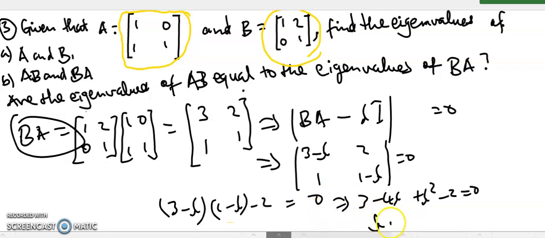If we do that, lambda 1 will simply be 2 plus root 3, and lambda 2 will be 2 minus root 3. If you observe, you will notice that these are the same values that we got in AB.